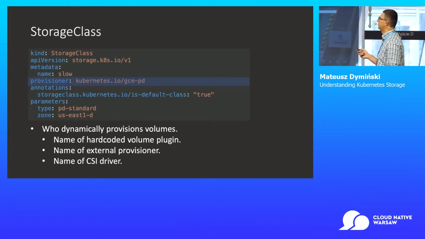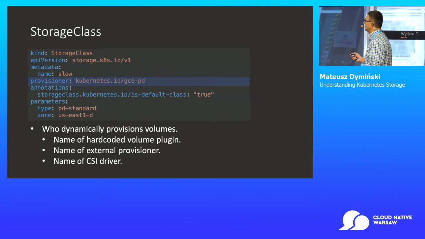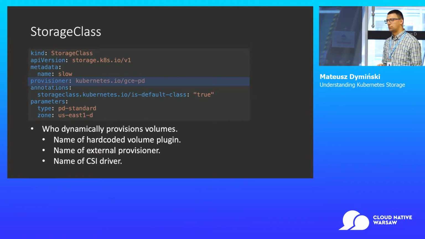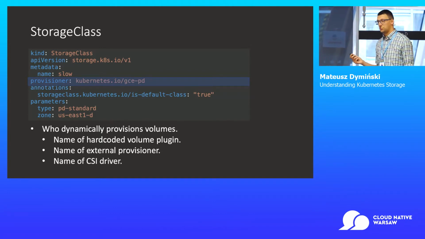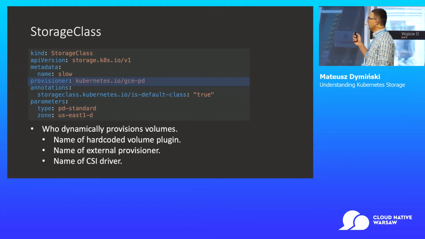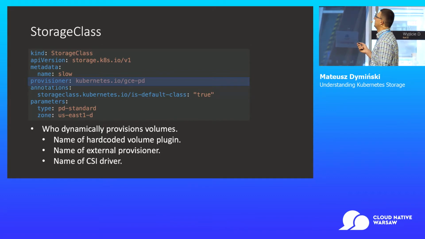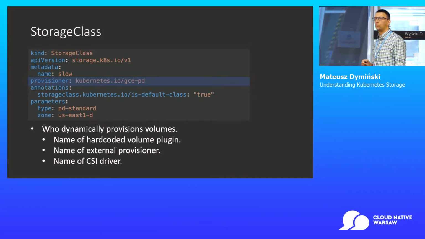The first one is the provisioner, and the provisioner might be hard-coded, external, or CSI. We'll talk about what the CSI is later on, but right now let's assume that we are using the built-in ones. They're sometimes called in-tree.